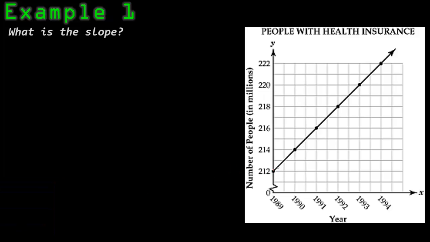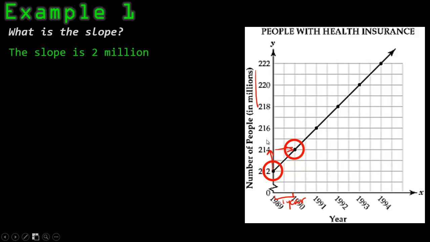If we go up 2 and right 2 boxes, keep in mind that every 2 boxes is 1 year. So you need to be careful here. The slope isn't 2 over 2. The slope is 2 over 1. So the slope is actually 2 million because it says it's in millions.